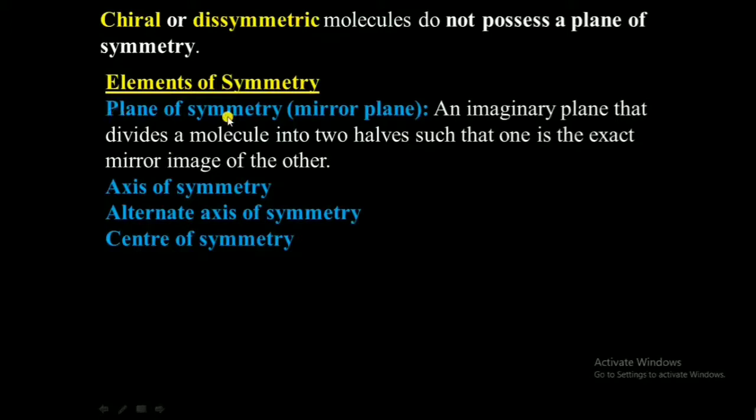Plane of symmetry. The other kinds of symmetry elements are the axis of symmetry, which is based on rotation, the alternate axis of symmetry, which is based on rotation and reflection, and the center of symmetry. You don't have to worry about these because they are out of scope of our current discussion. But you should know what a plane of symmetry is. Why?